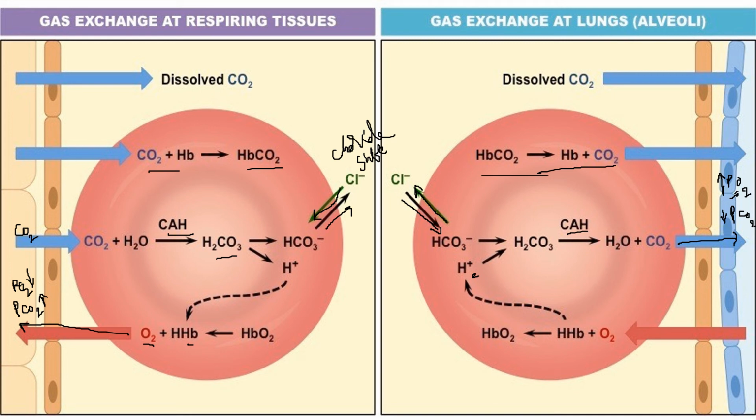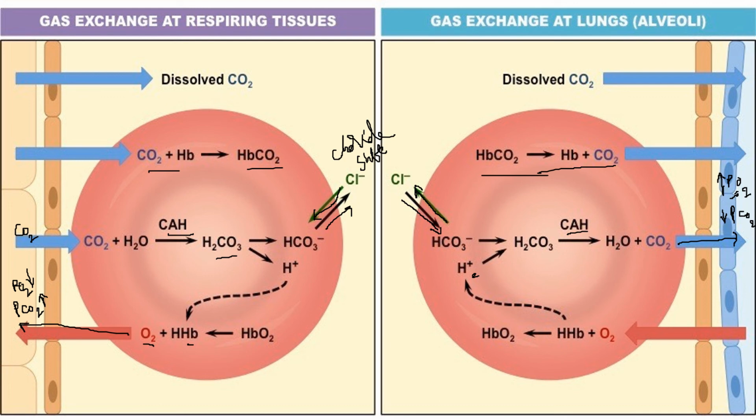So this is how there is transportation or exchange of oxygen and carbon dioxide with the hemoglobin. So at the tissues the oxygen is being taken by the tissues and carbon dioxide is being bound to hemoglobin because the partial pressure of oxygen is low at cells and partial pressure of carbon dioxide is high.